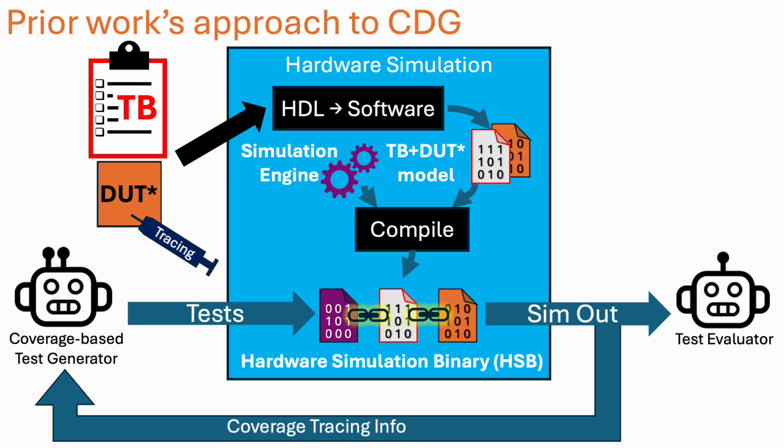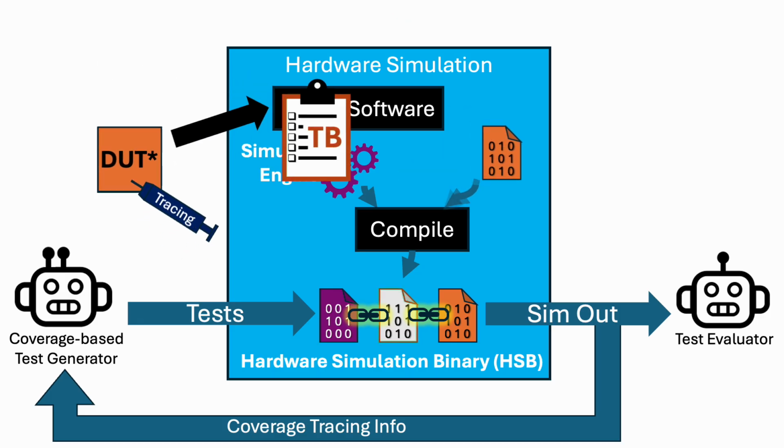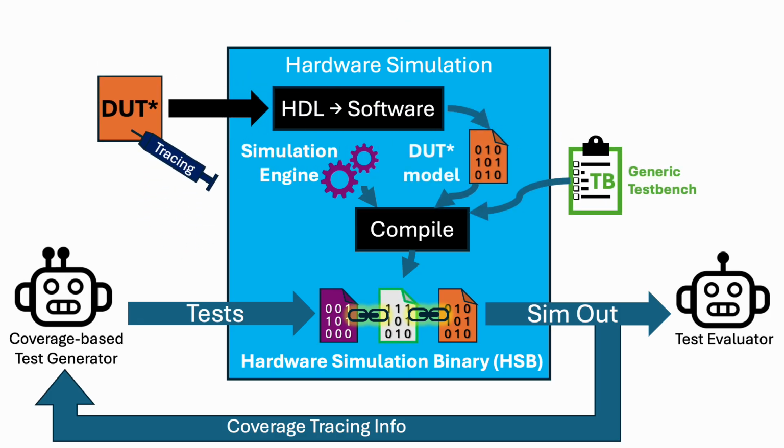So the authors of Fuzzing Hardware Like Software saw a really interesting opportunity here, where we can potentially get rid of this custom test bench by moving that test bench to much later. So after the actual design under test is made into a software model, at that point compile it with a generic test bench to create the hardware simulation binary.